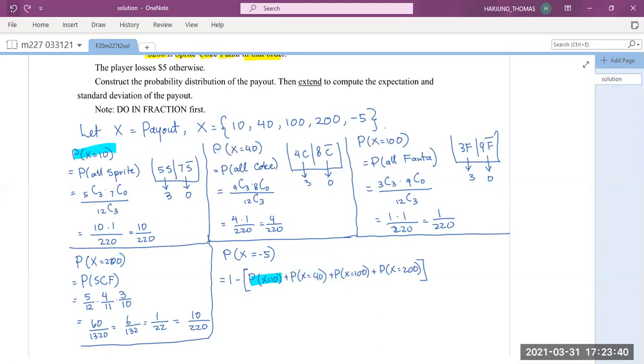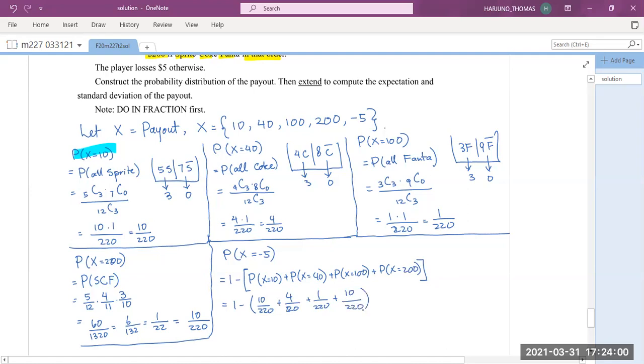In other words, if I add all those probabilities where you win, that will be 10 over 220 plus 4 over 220 plus 1 over 220 plus 10 over 220. That is 1 minus 25 over 220. That's 195 over 220. That's the probability of losing $5 instead.